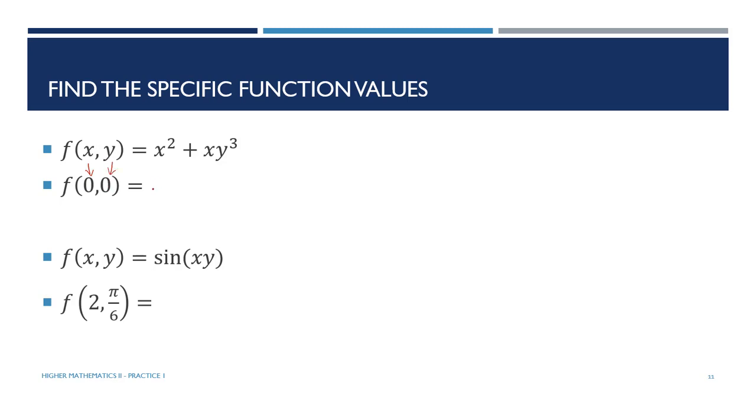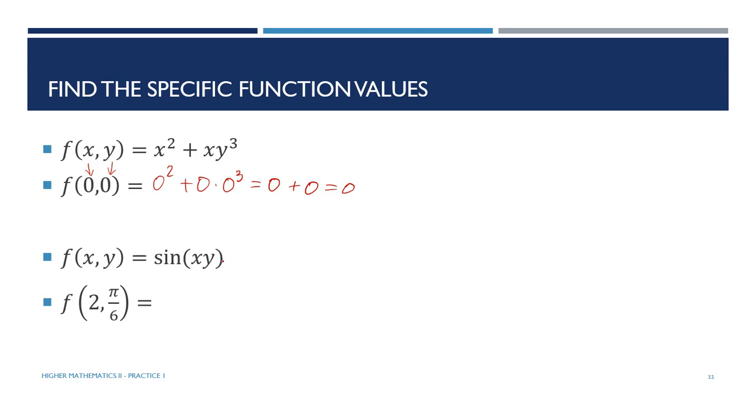Now it means I have to put 0 instead of x and 0 instead of y also. Let me try. 0 squared plus, instead of x I'm putting 0, times, instead of y I'm putting 0 also, 0 cubed. 0 squared will be 0, plus 0 times 0 cubed, 0. So the answer is 0. That's fine. Next question.